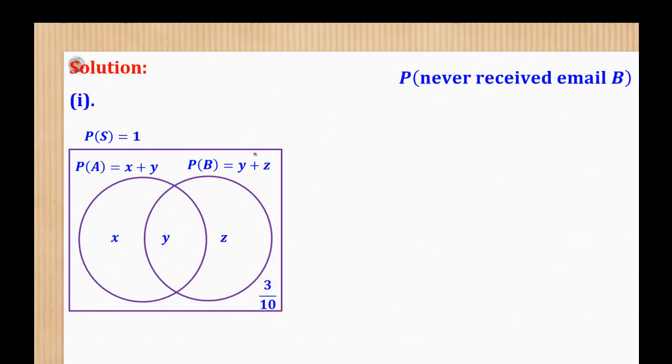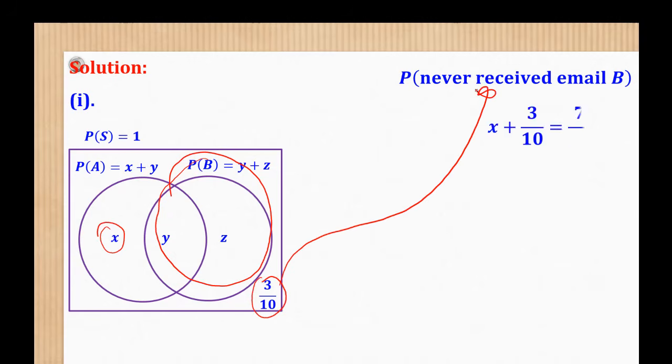So probability that never received email B. That means that anything apart from this never received email B. So it will be this plus this being equal to that. So there I realize that we have an unknown and it can be got. Okay.